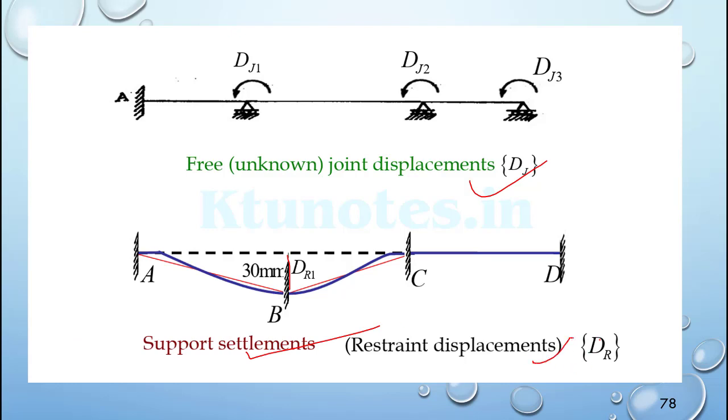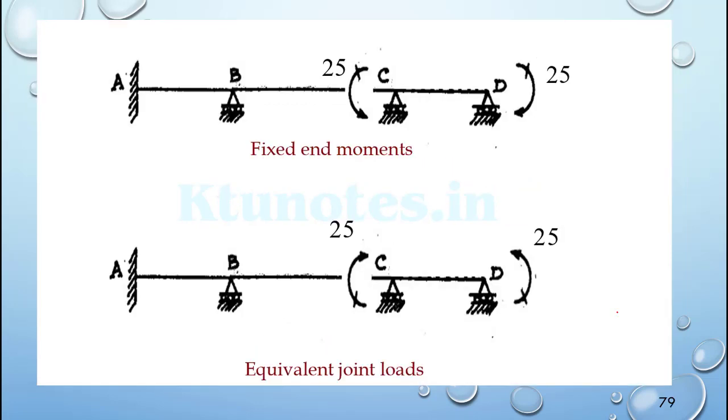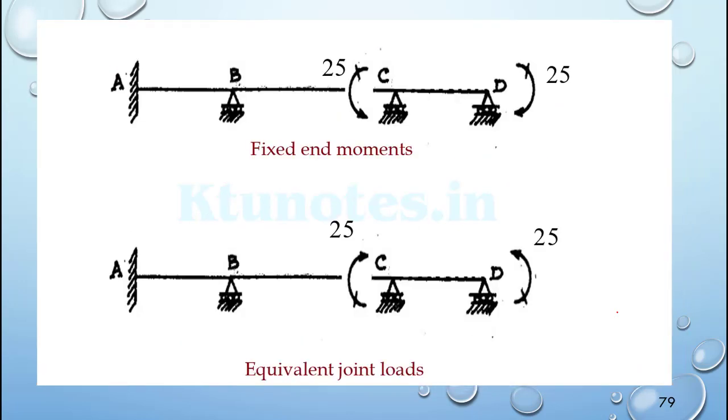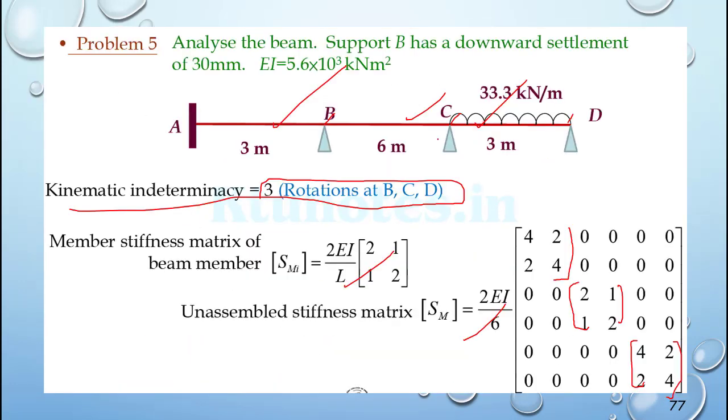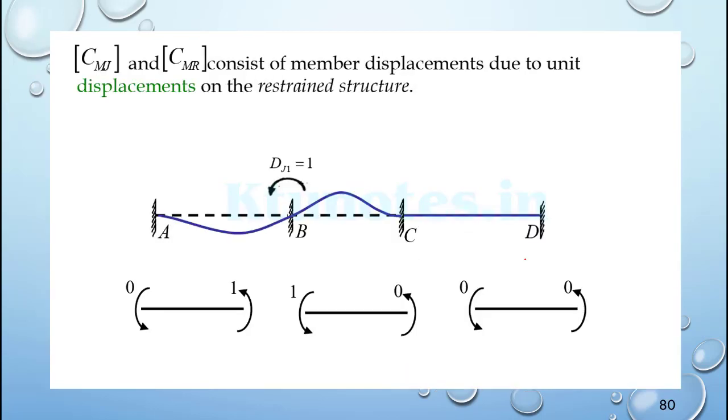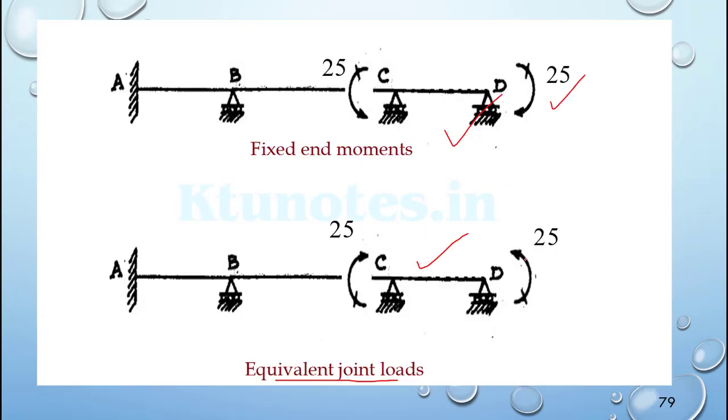For the first time we are dealing with dr. So we are finding the fixed end moments, especially for CD, and WL square by 12 will be the moment for the UDL, 25, and hence the equivalent joint load will be the reverse of that one, which will be the same as the combined joint load also, because there is no additional force.